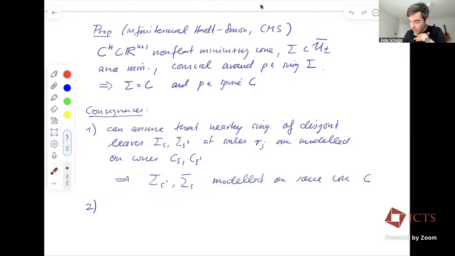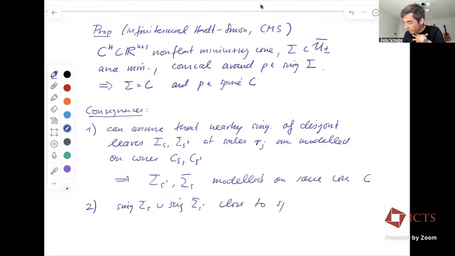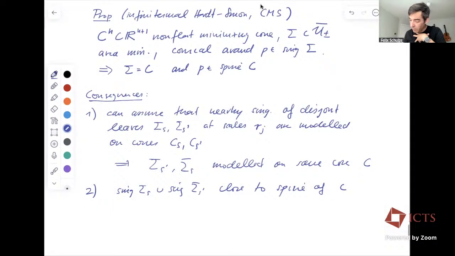So the second thing is that the singularities of sigma s union, let's say, singular set sigma s prime, are close to the spine of C. Both of them are close. And we know this for any two leaves in this foliation. If you take, for example, fix s and let s prime vary a bit.